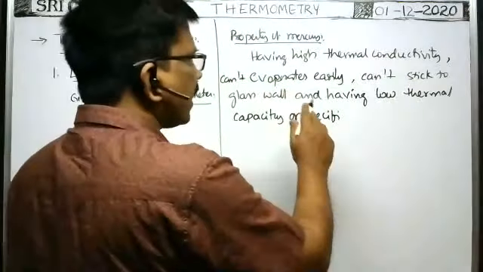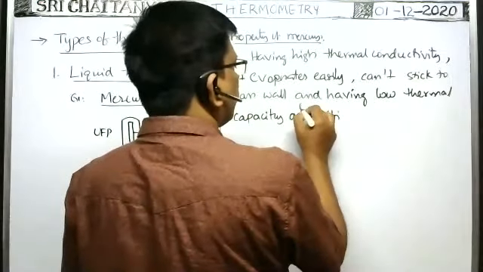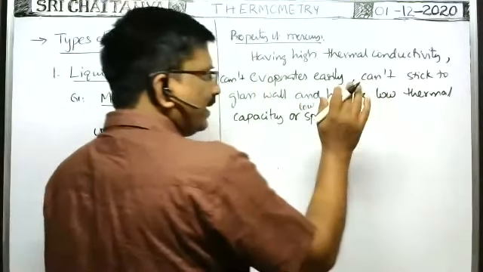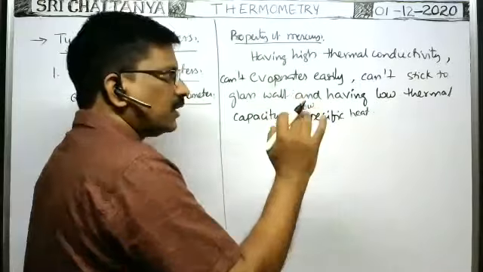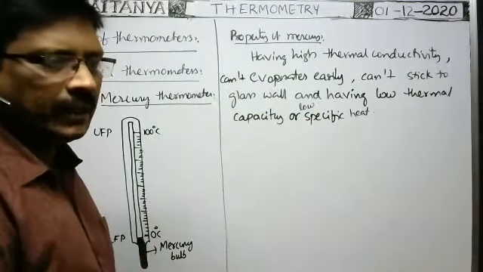Here, this mercury has low thermal capacity or low specific heat. Thermal capacity means the heat required to raise the temperature of the given substance by 1 degree.